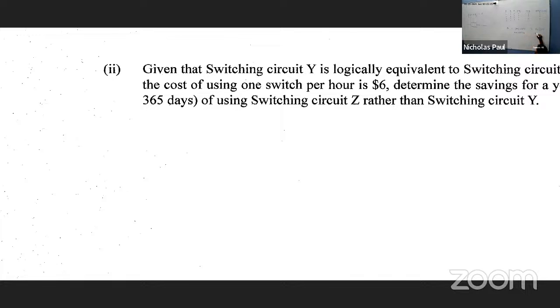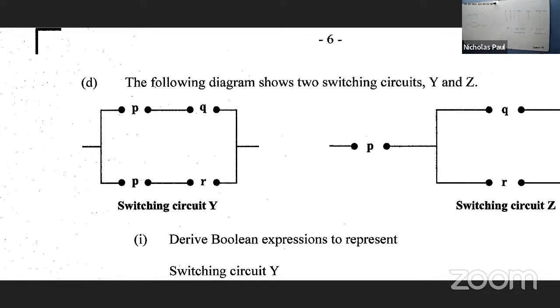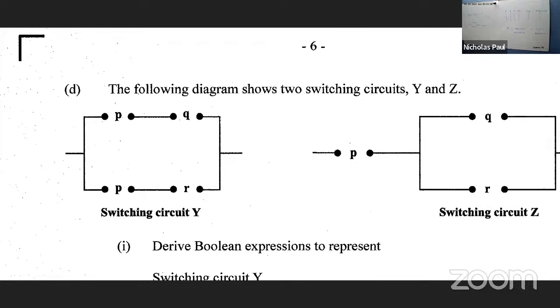And here it's 3 by 6 by 365 by 24. What is the circuit? P and Q, P and R. Or you can just multiply by 1.